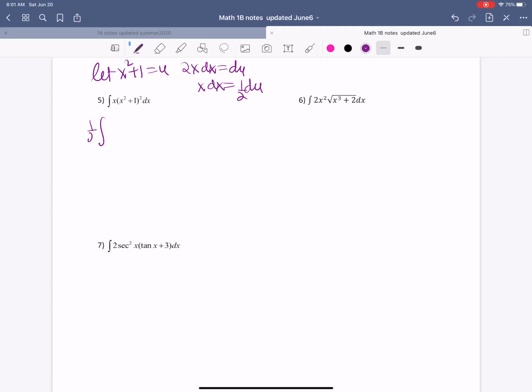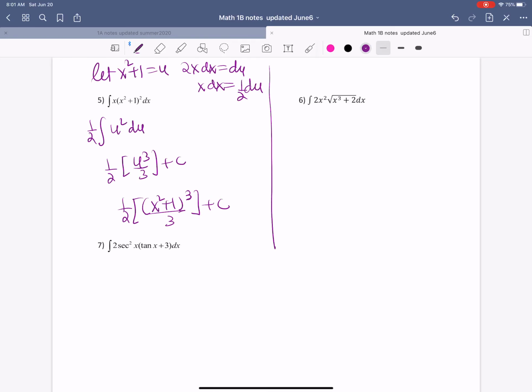So this becomes 1/2 pulled out in the front, u squared du, which is u to the third power over 3 plus c, 1/2, and then u was x squared plus 1 to the third power divided by 3 plus c.